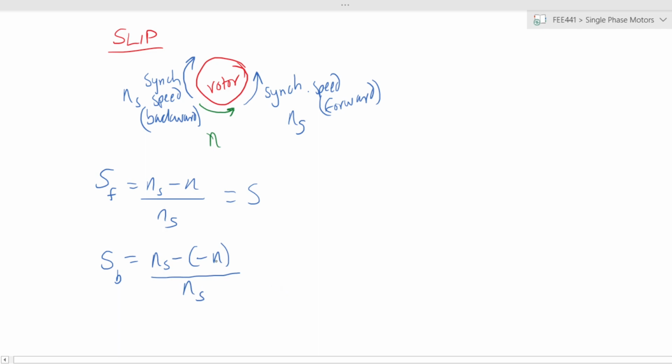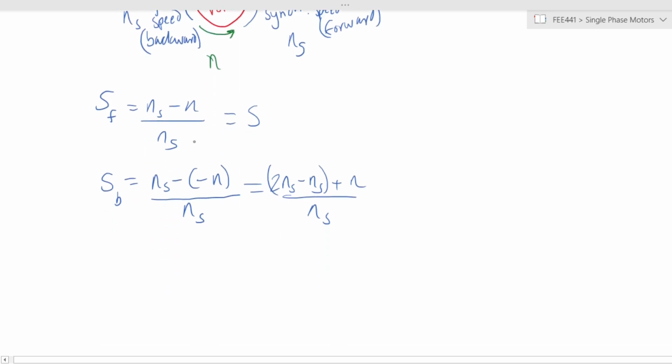Now let's rearrange this such that we put it in a different way. ns can be represented as 2ns minus ns, and then we have it as plus n, all over ns. Negative negative gives us positive, and we are introducing 2ns minus ns to take the place of this ns. We are doing a bit of mathematical gymnastics in order to arrive at something interesting.